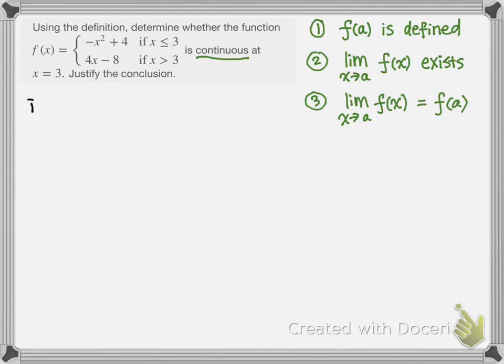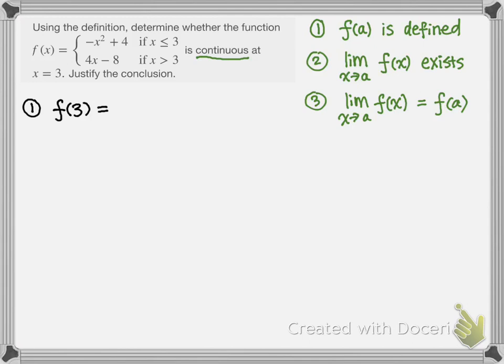So the first thing we need to check, at x equals 3, is whether f of 3 is defined. So what do we mean by f of 3? Well, when x equals 3, what is the function value? When x is greater than 3, you take the expression 4x minus 8, but x is not greater than 3, x is equal to 3.